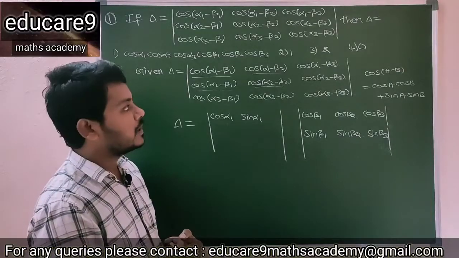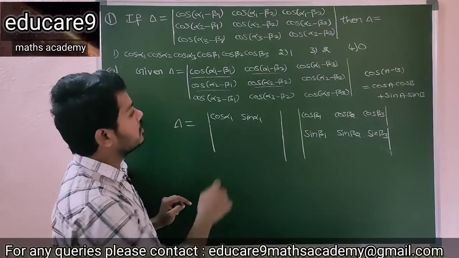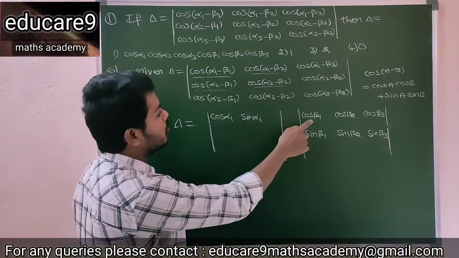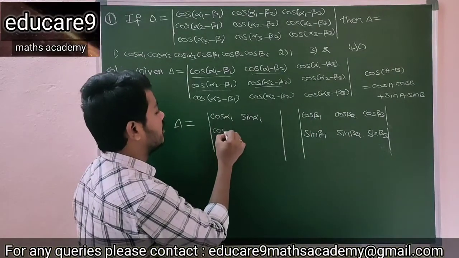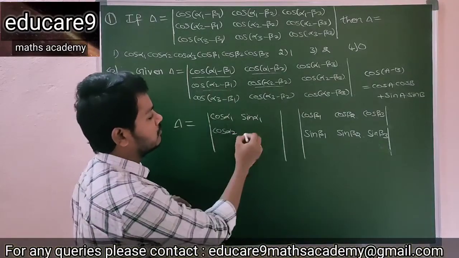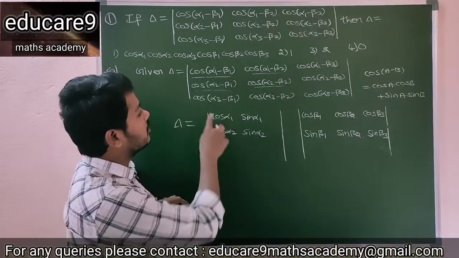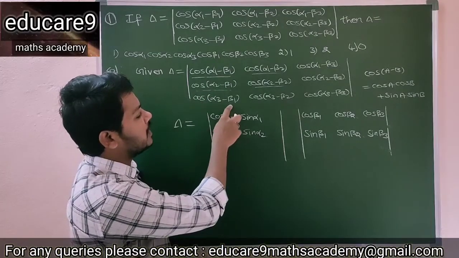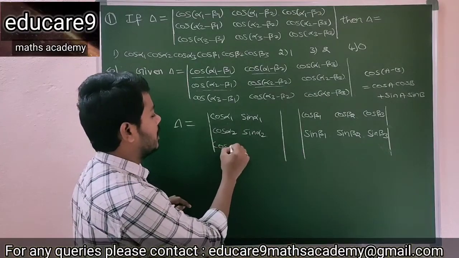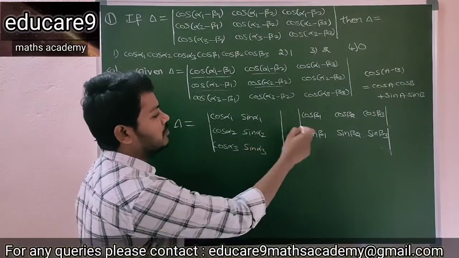Now again see here, second row first element cos alpha 2 cos beta 1, that is cos alpha 2 cos beta 1. So write here cos alpha 2, next sin alpha 2. Next here, third row first element cos alpha 3 cos beta 1. So write here cos alpha 3 cos beta 1, next sin alpha 3 sin beta 1.